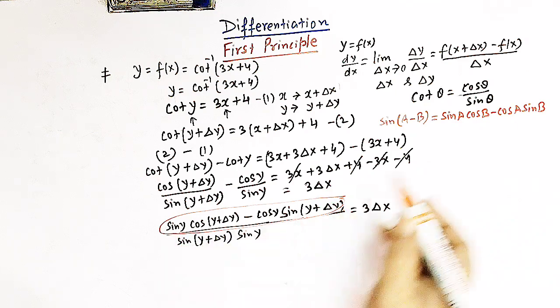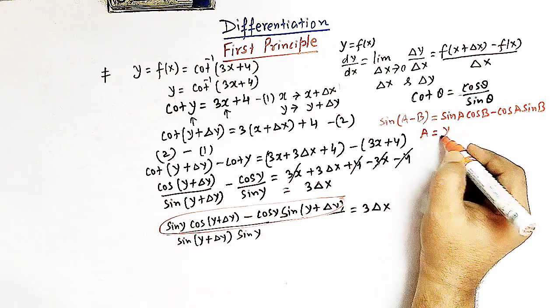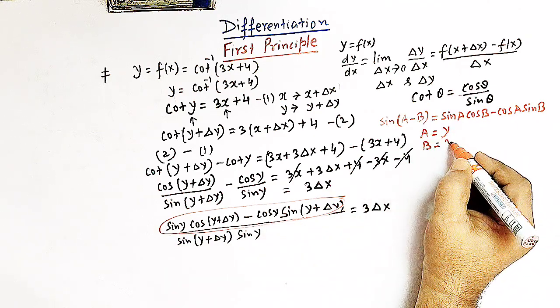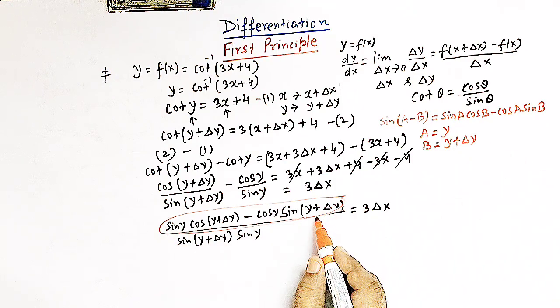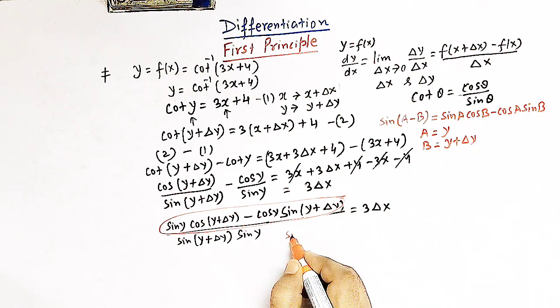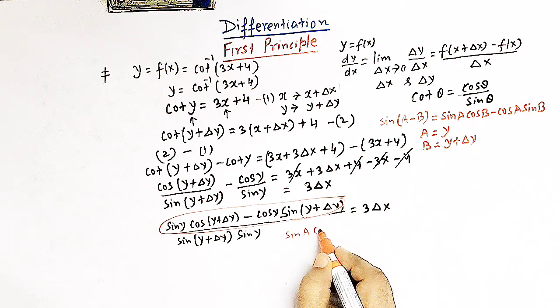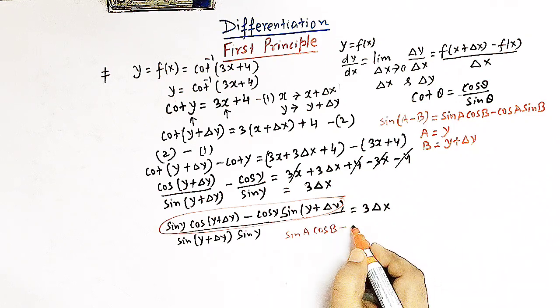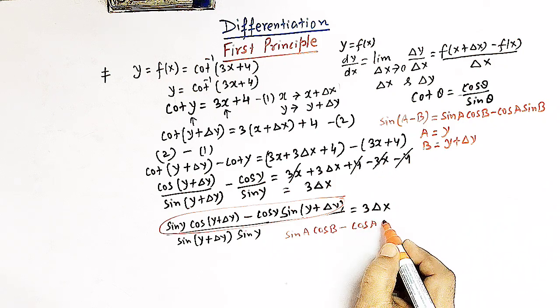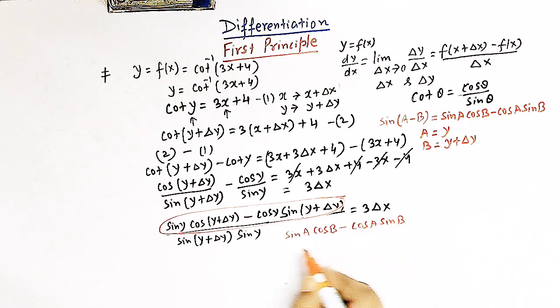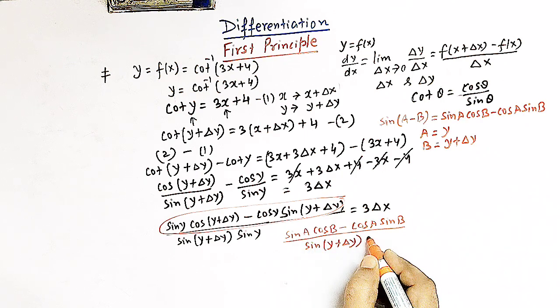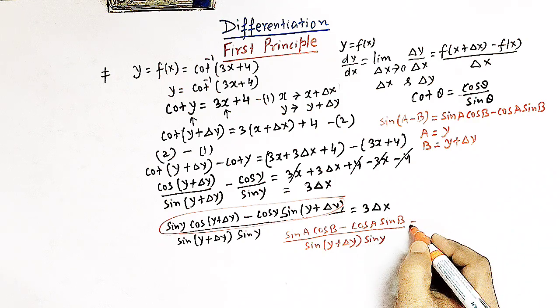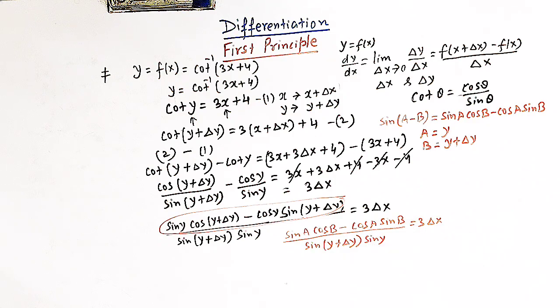So now if we take a as y and b as y plus delta y, then this expression in the numerator becomes sine a cos b minus cos a sine b, and in the denominator we have sine of (y plus delta y), sine of y, and this is 3 delta x, right?